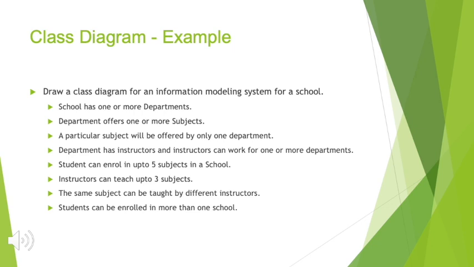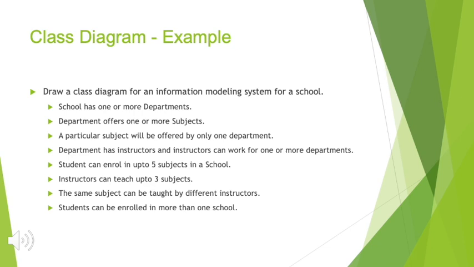Students can enroll in up to 5 subjects in the school. Instructors can teach up to 3 subjects, and the same subject can be taught by different instructors. Students can be enrolled in more than one school. So this is the situation.